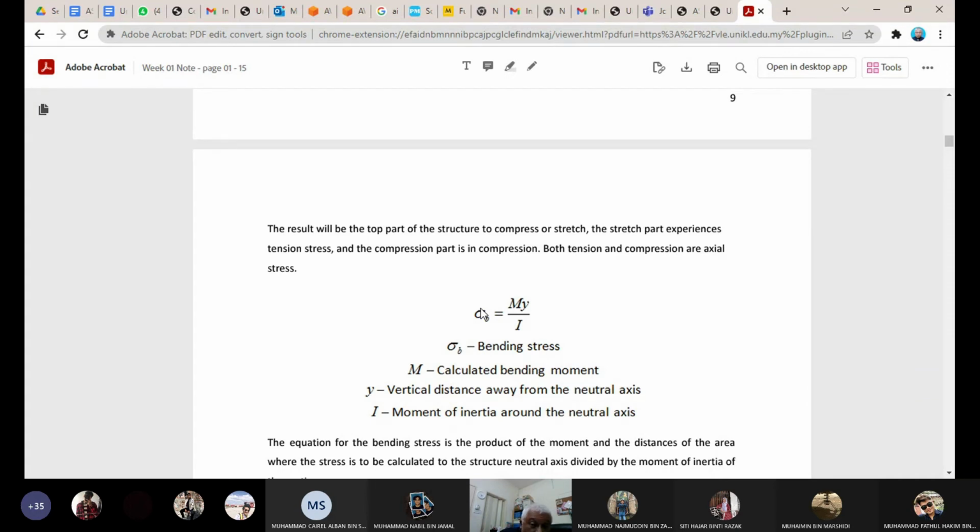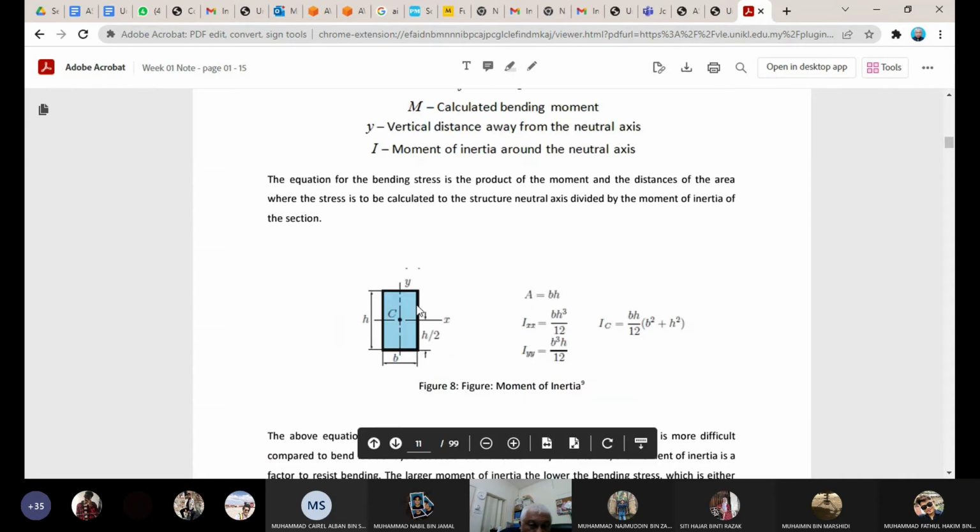The moment of inertia is calculated by having the formula here. If we are talking about the moment of inertia along the x-axis, B is the base, times h, and for the y section it is the B times the h.